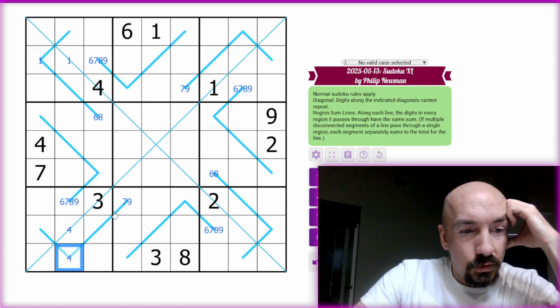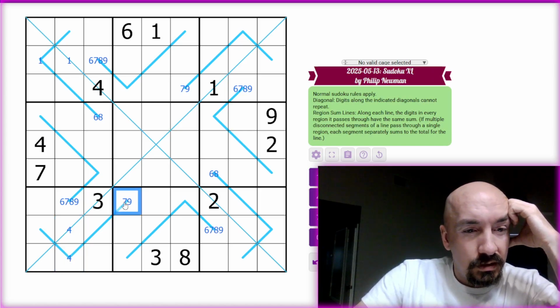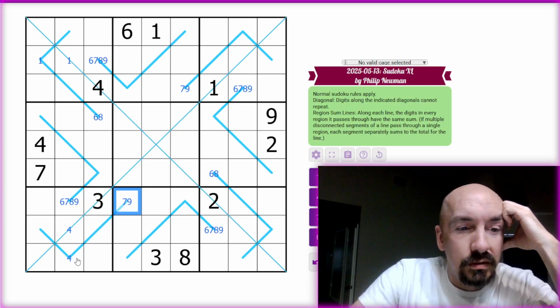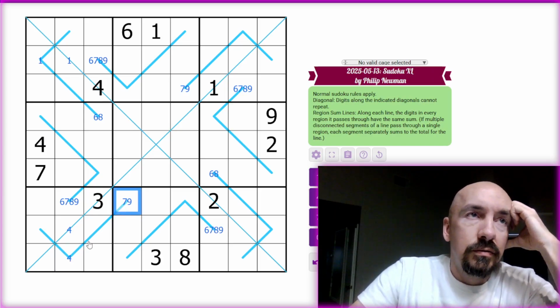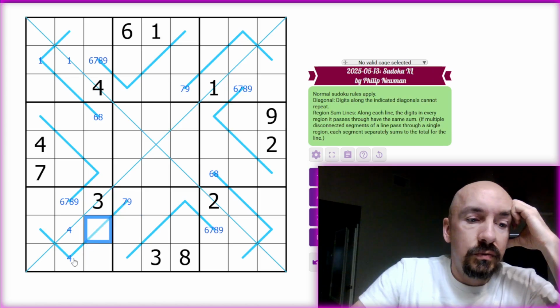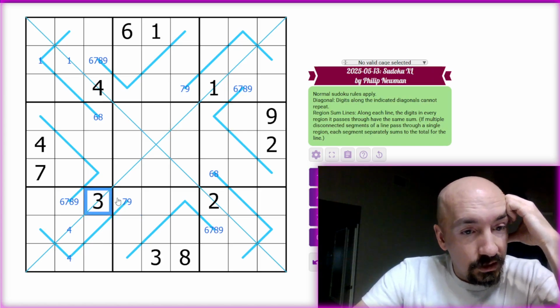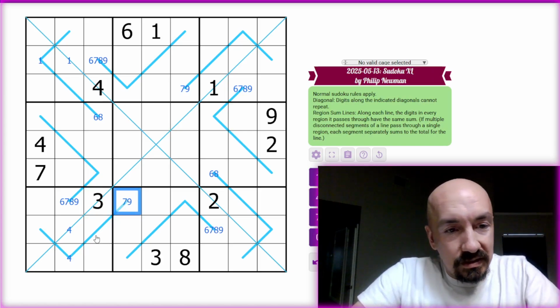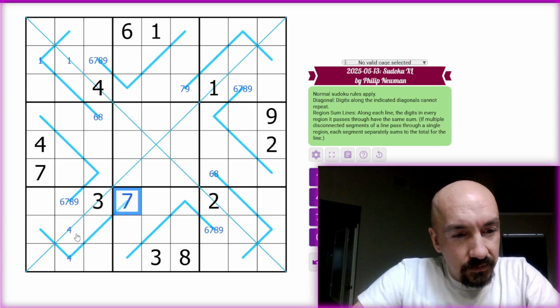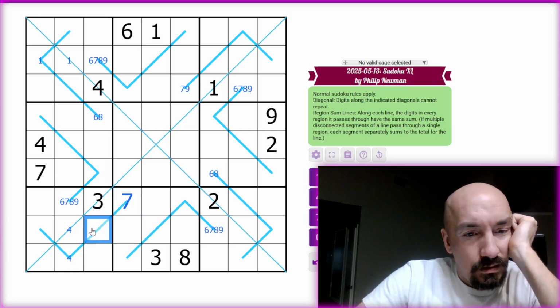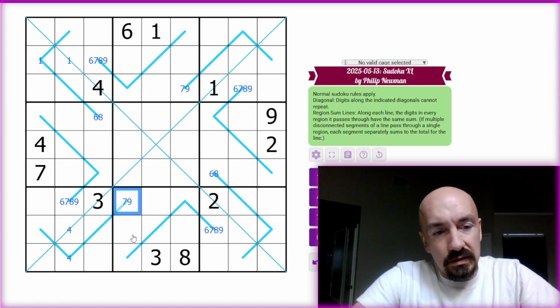So if this is a 4, I think, can a 9 be with a 4? 2 and 4 would be 6, and we would need a 3. So because this is a 3, I think this has to be a 7. I think that's right. Right? Because it was a 7 or a 9.